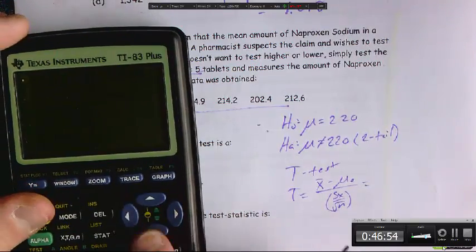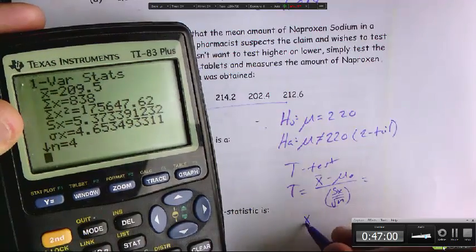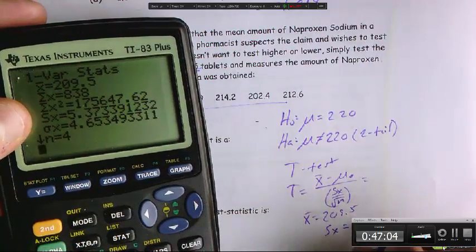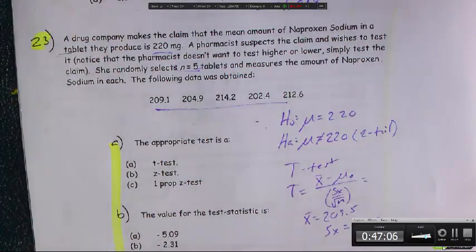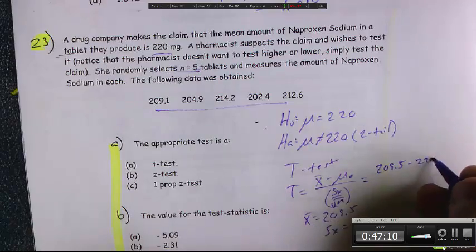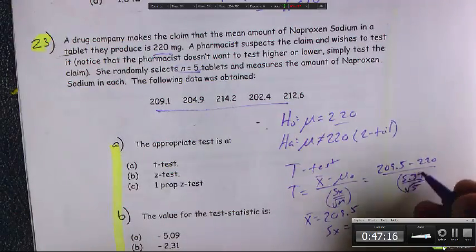Doing a one variable stats analysis on that gives us a sample mean of 209.5, a sample standard deviation of 5.37. Plugging that in, 209.5 minus 220 over 5.37 over the square root of 5.